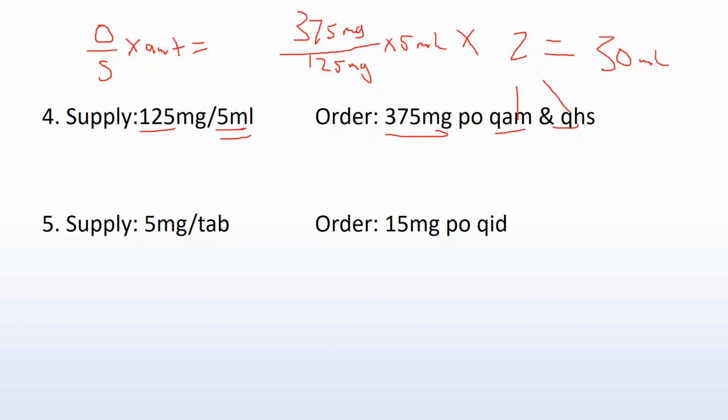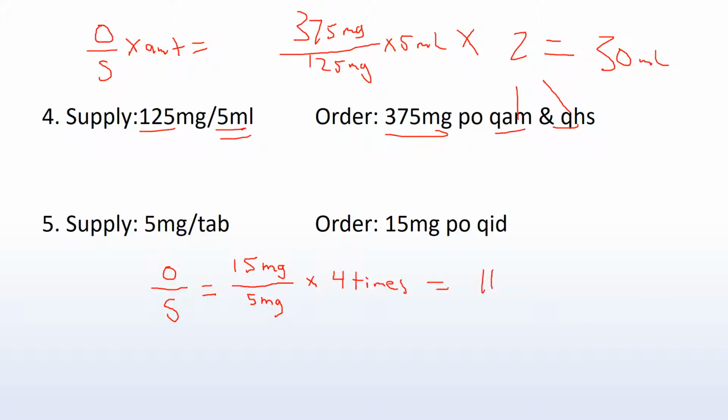All right, the next one, I'll have you do it. How many tablets do we need to give them? QID is how many quarters in a dollar? 4 times a day.